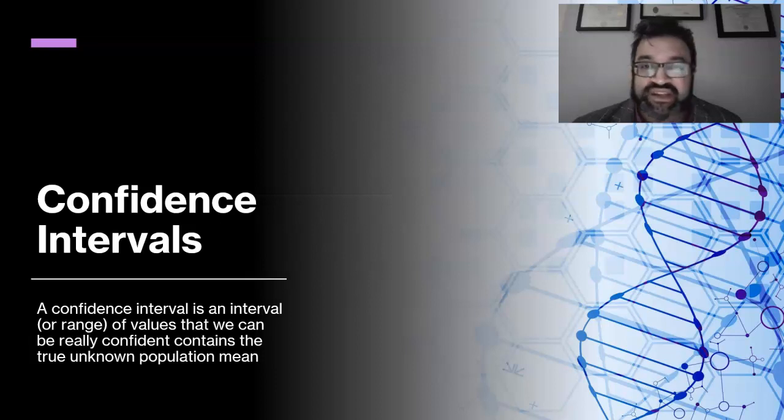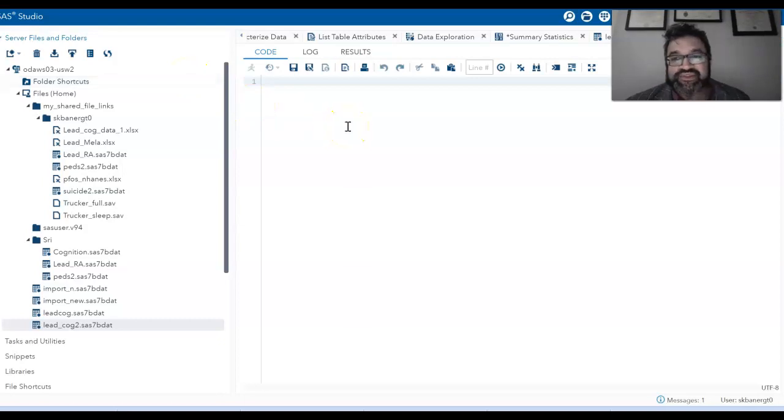I'm going to go through a demonstration now to show what exactly you can do in SAS to run a confidence interval. In this portion of the video, I'll be going over a demonstration of how to produce an output of confidence intervals and how to make sense of that output. First of all, let's go through the menu items. Get used to orienting yourself in this interface of SAS Studio.